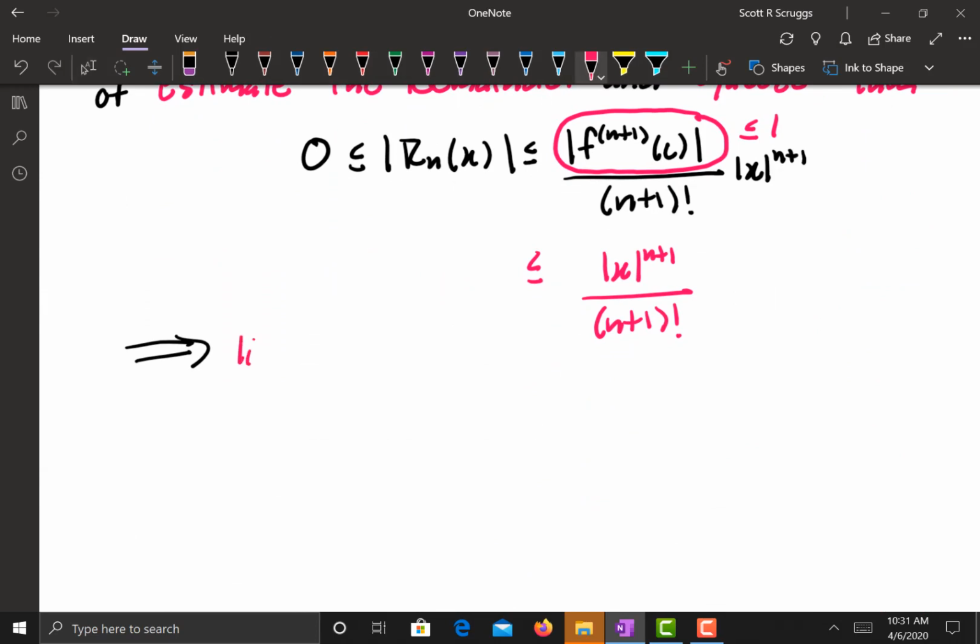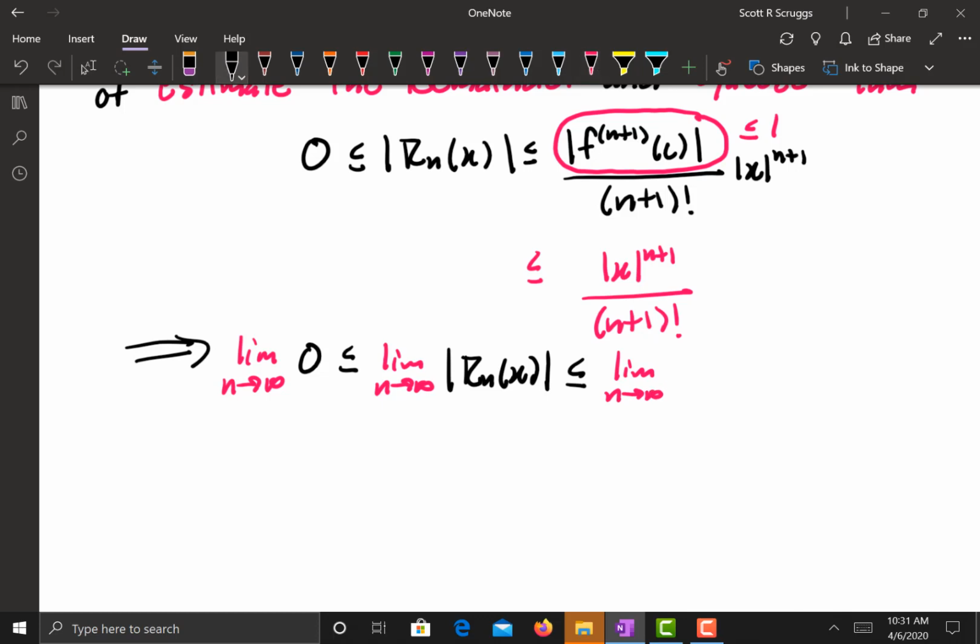Going to be the limit as n goes to infinity of 0, less than or equal to the limit as n goes to infinity of the absolute value of the remainder, less than or equal to the limit as n goes to infinity of the absolute value of x to the n plus 1 power over n plus 1 factorial.